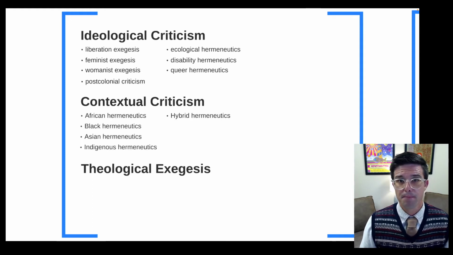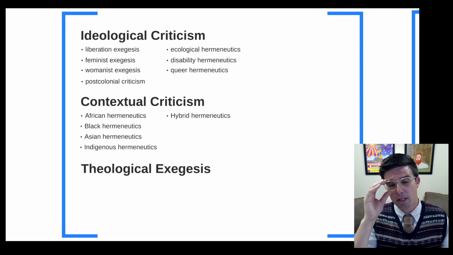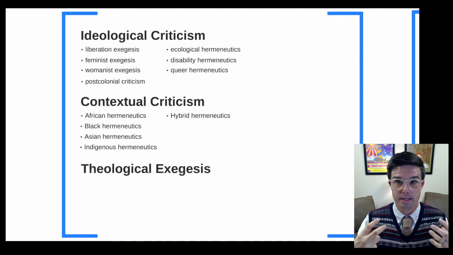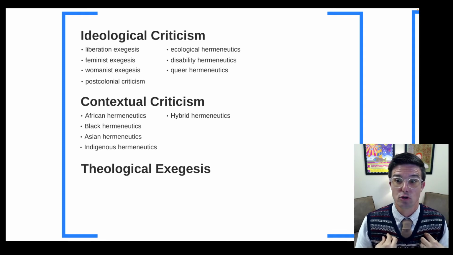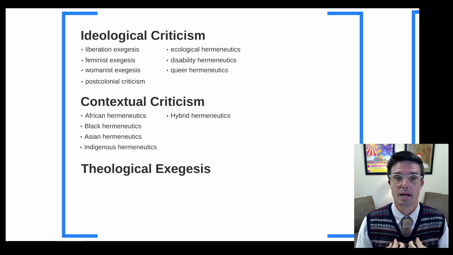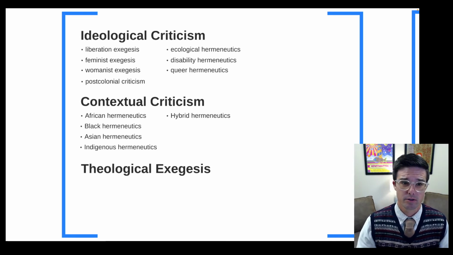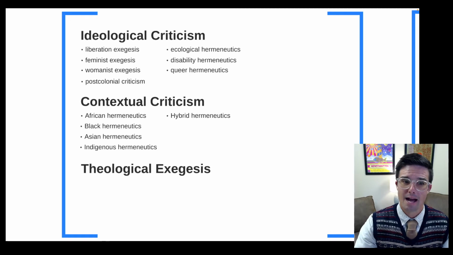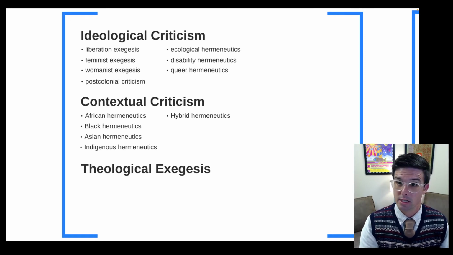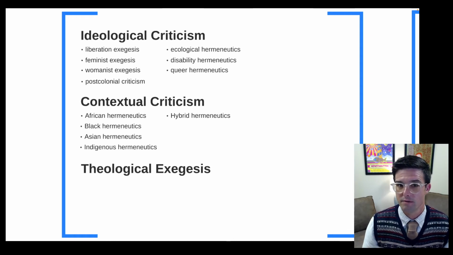Contextual criticism, generally speaking, has as its through line one's particular identity and social location. So who you are as an embodied person, and oftentimes there is going to be an ethnic dimension to it. So you'll see African hermeneutics, Black hermeneutics, Asian hermeneutics, indigenous or native hermeneutics, and then hybrid hermeneutics, which is any mixture of one's ethnic identity.